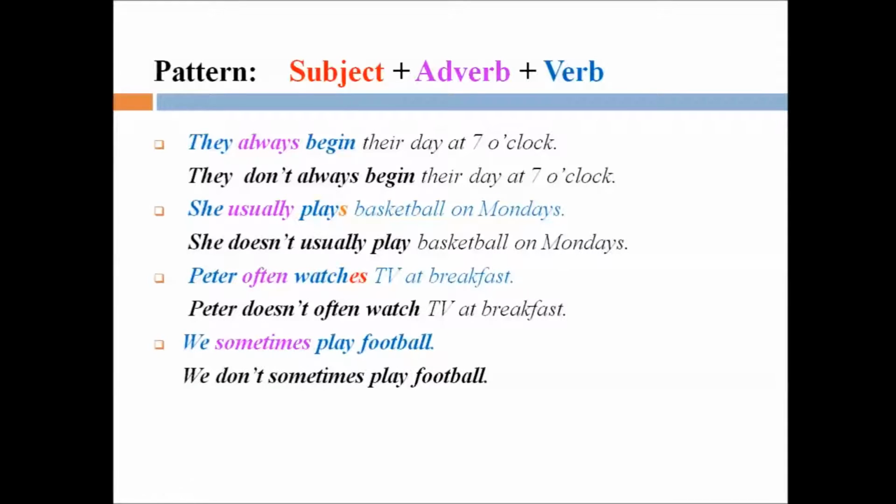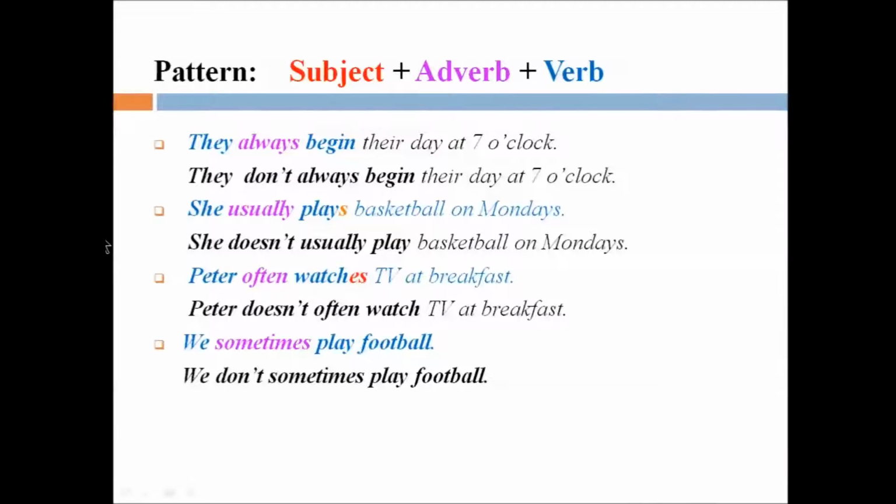But there is an exception, when the verb to be is used as the main verb. For example, she is a student, and she is late. When you use she is always late, the negative is she isn't always late.